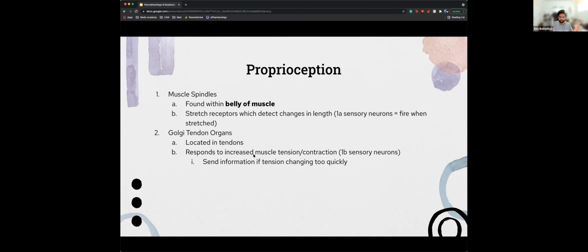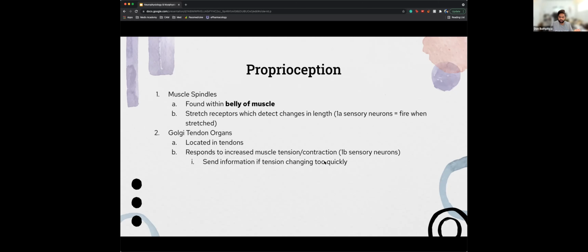So the 1A sensory neurons, whereas the Golgi tendon organs, like it says, tendon organs, will be located in the tendons. And it's sort of like a protective thing, because it responds to increased tension. We don't want to rip apart our muscles, and we don't want to basically break our muscles, right?